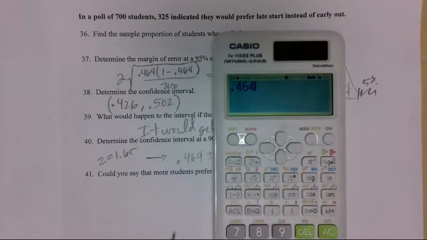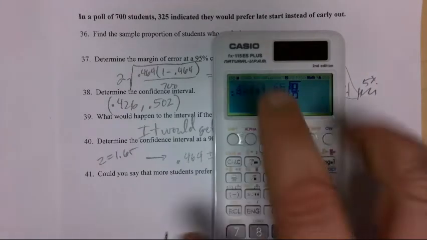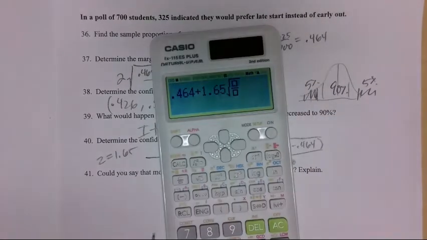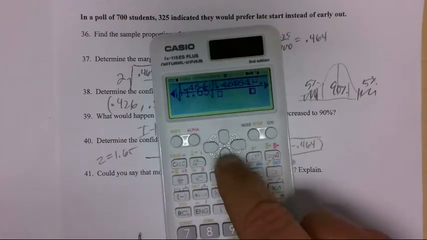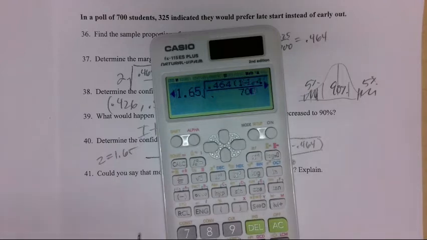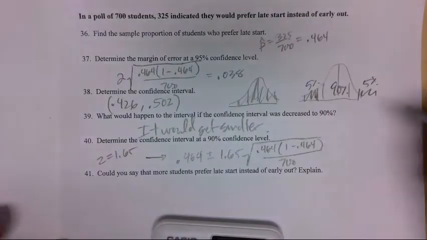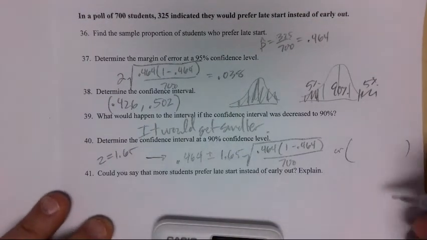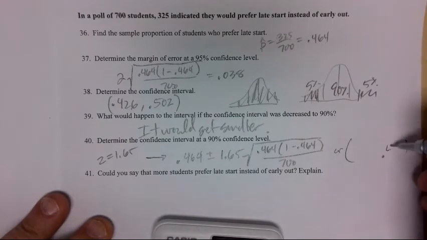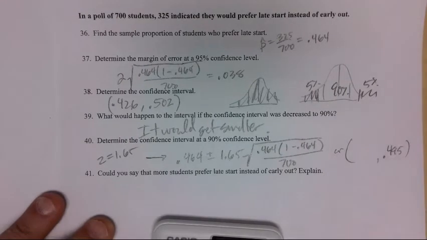0.464 plus 1.65 times the square root of big fraction 0.464 times 1 minus 0.464 all over 700. That's going to be 0.495. That's the upper part of my interval, 0.495.